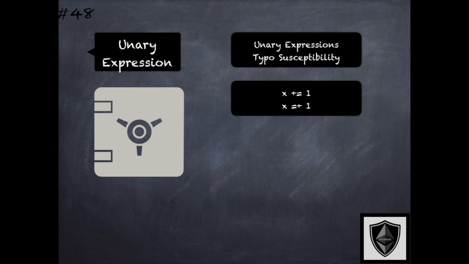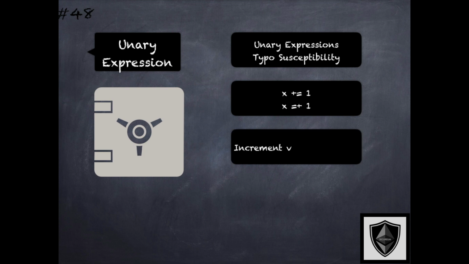So the way to do that is to say x += 1, which effectively is x = x + 1. But if the developer interchanges the order of plus and equal to and instead uses x =+ 1, then this would result in reinitializing the value of x to +1.